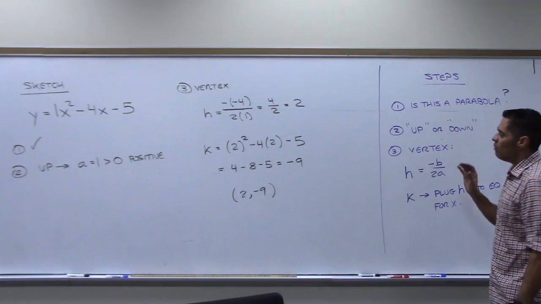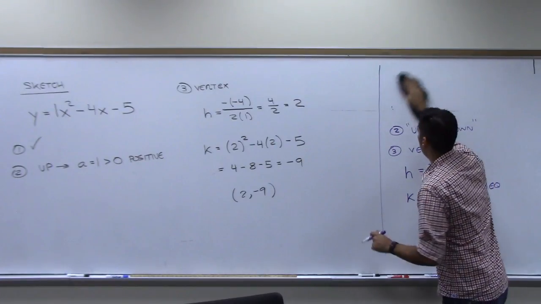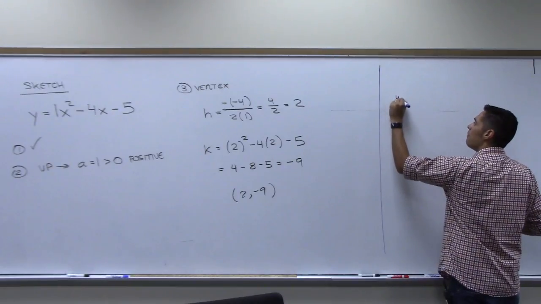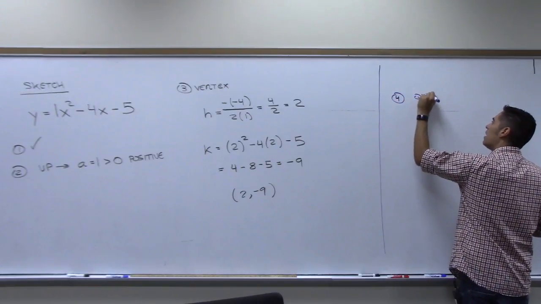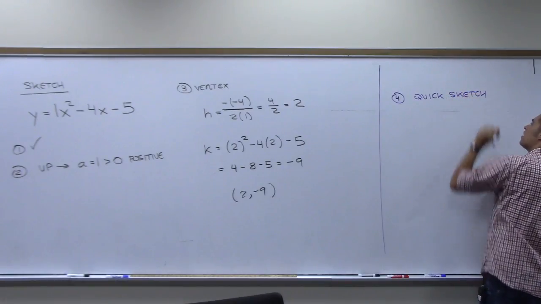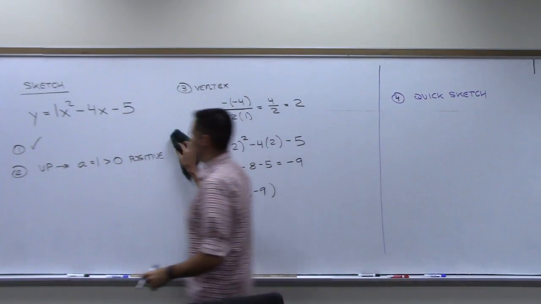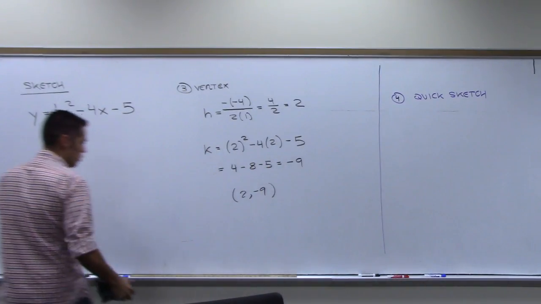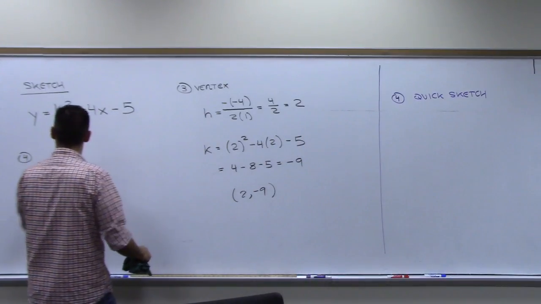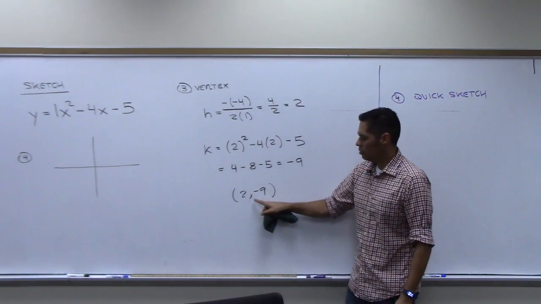Okay. So when we go for the x-intercept step, here's what I suggest you do. This is going to be in the steps here. Step 4, at this point, I want your step 4 to be a quick sketch, just real fast. So here's my step 4. Where's the vertex? (2, -9).